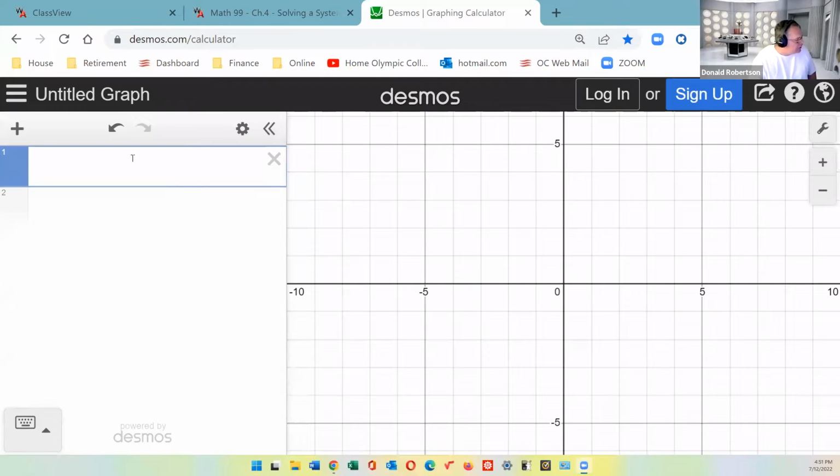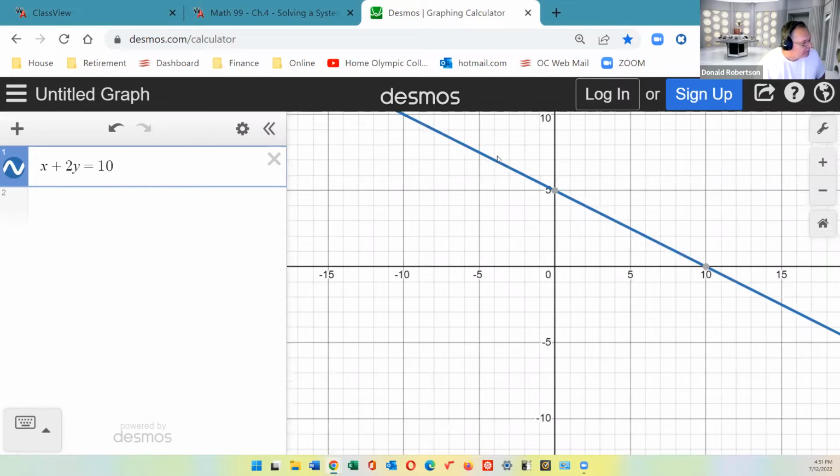Well, we have a nice program, which you will be able to get in your Canvas, called Desmos. Wait a few moments, I will load that up and we will use it. Here we go. This is what Desmos looks like. The first equation was x plus 2y equals 10, and you can see what that one looks like.